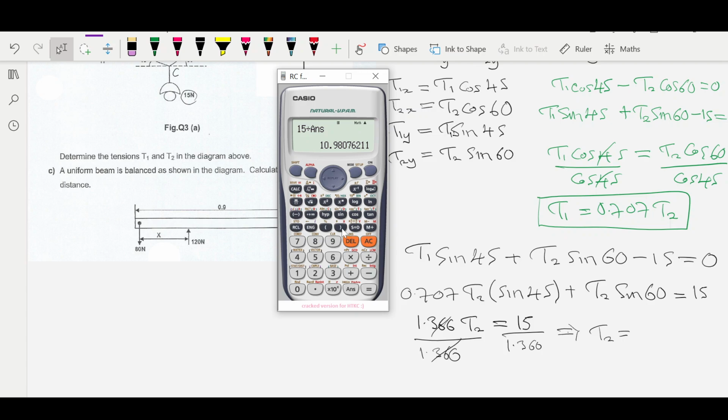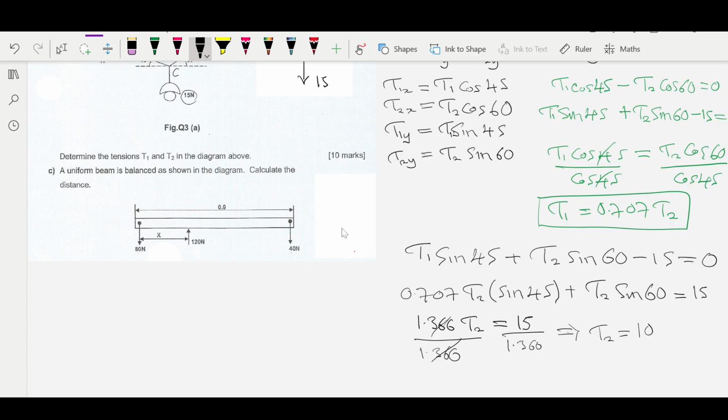Okay, so our answer will be 10.98 newtons. So our T2 is 10.98 newtons.